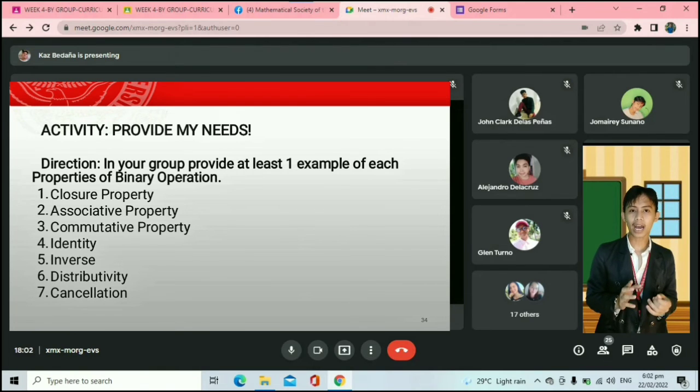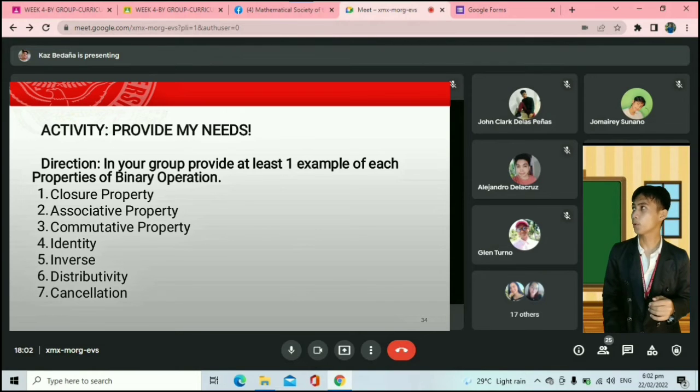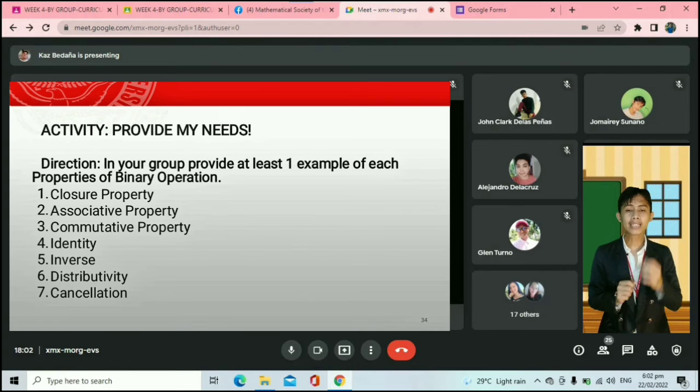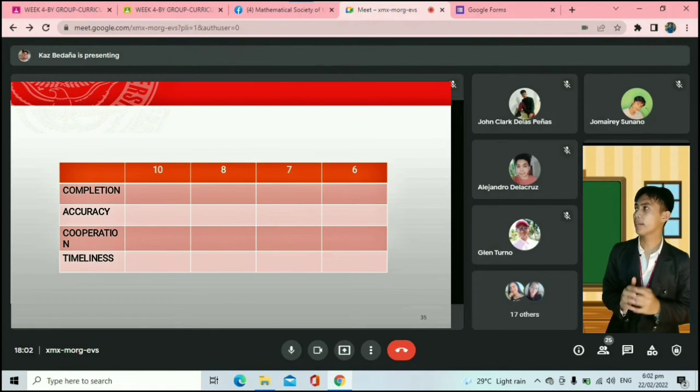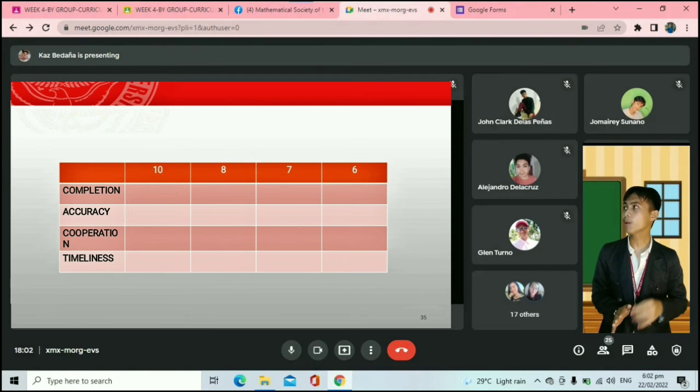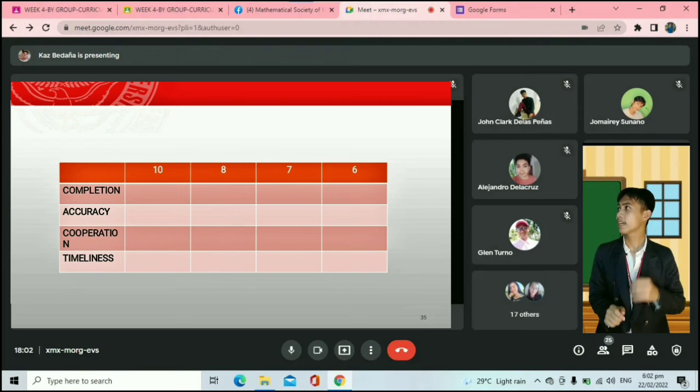But before that, I would like to show you our rubrics, so you can be guided in answering your activity. For the completion, you will get 10 if you complete the task, then 8 if lacking 2, then 7, 6, and so on.